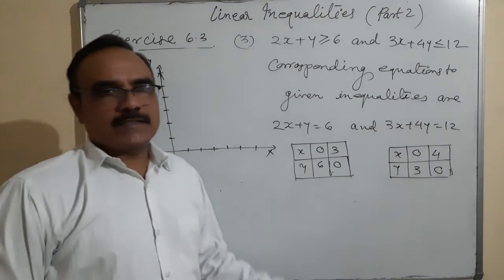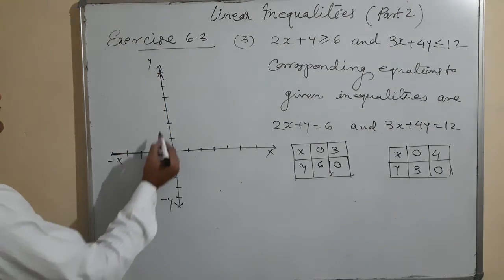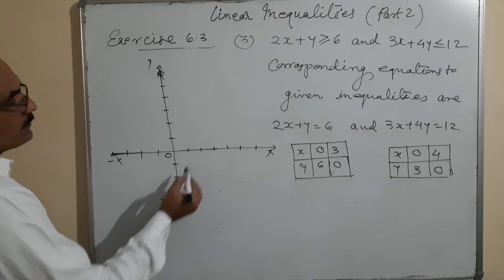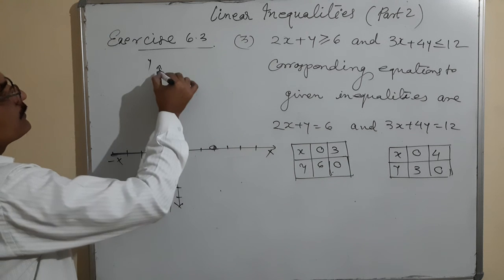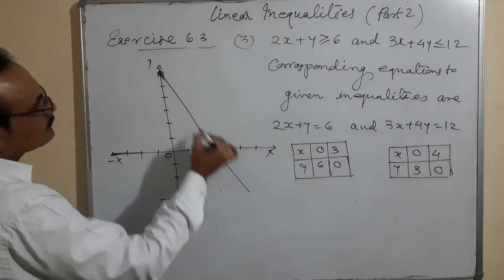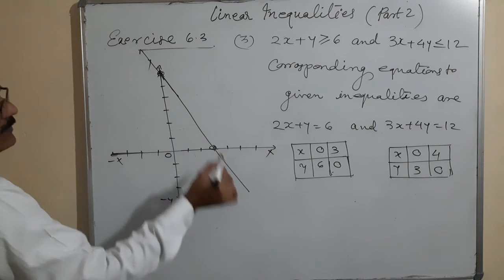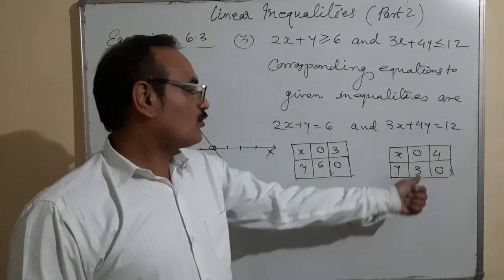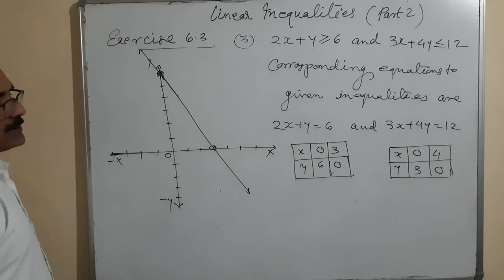First 0, comma 6. x 0, y 6. This is the point. x 3, y 0. Right? You can join them. This is the representation of the first. Second, 0, comma 3. x 0, y 3.